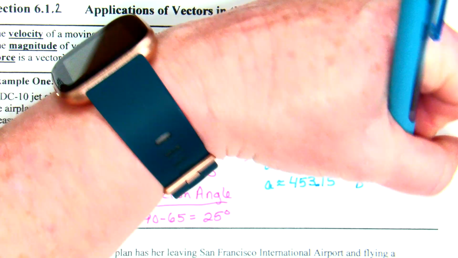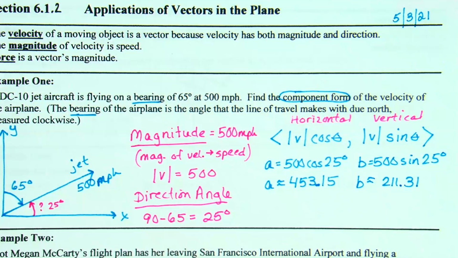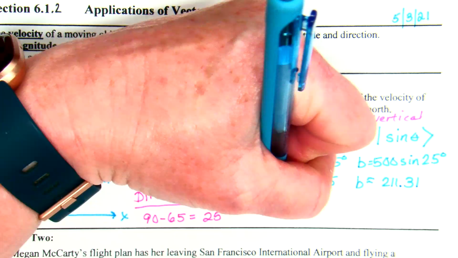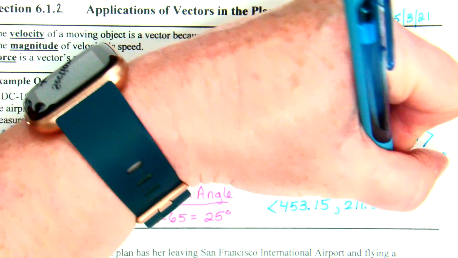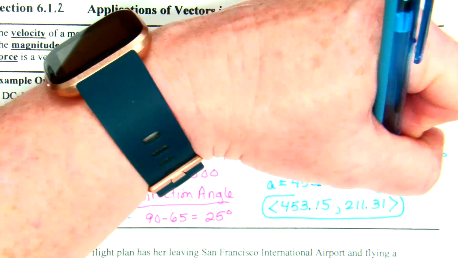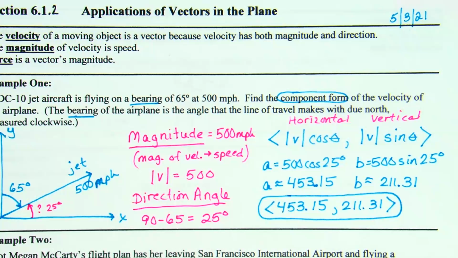If I go 3 decimal places again, 211.31. So directions asked for component form. That means my component form is 453.15, comma, 211.31. You can put it straight into component form.